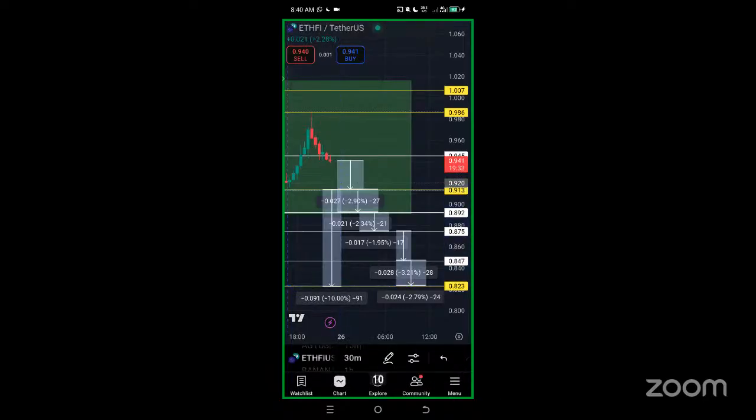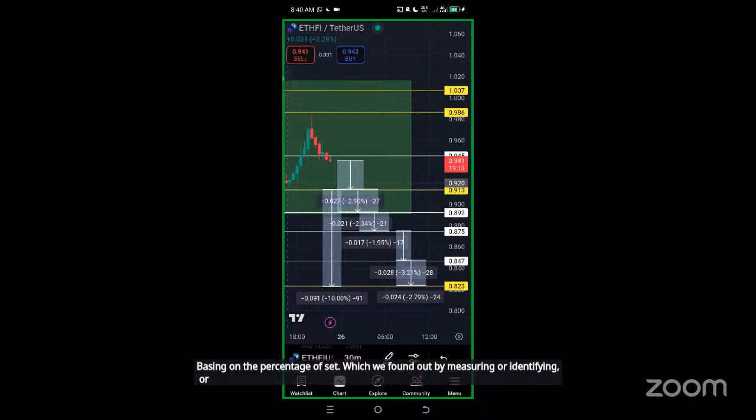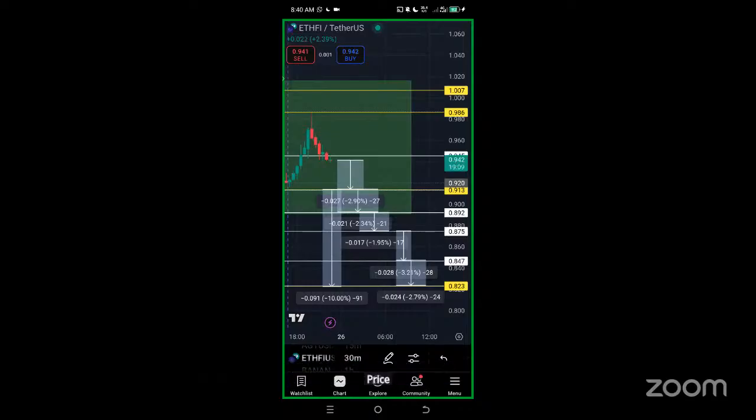10% drop. So as the market price dips to about -10, you have the bot taking action, buying at different price reaction levels, basing on the percentage set, which we found out by measuring or identifying or locating those different price reaction levels. So once it drops to a specific price level, the robot buys.